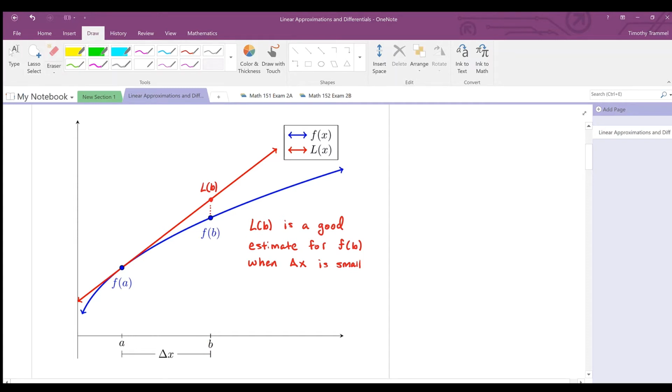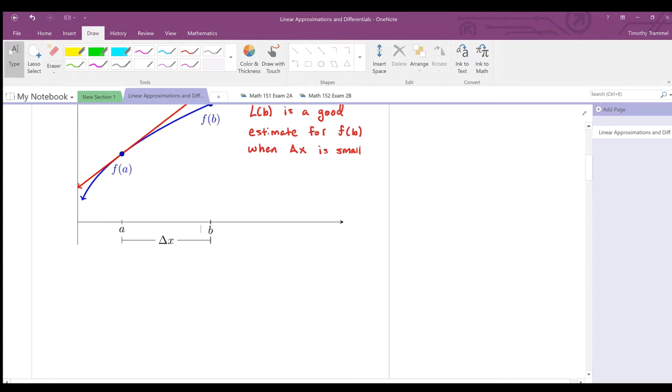Let's formally write down what the linearization actually is here.